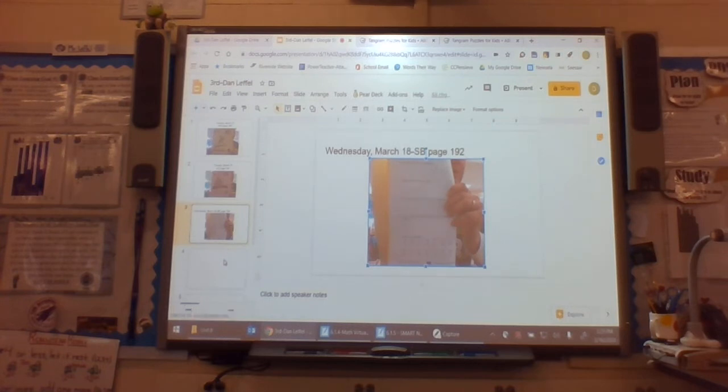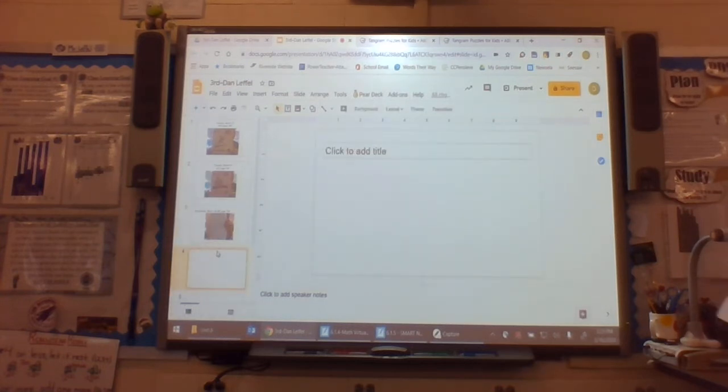Then, on the 4th slide, we have to add the dates, Wednesday, March 18th, and say that it's the home connections. What is that page again? 103.